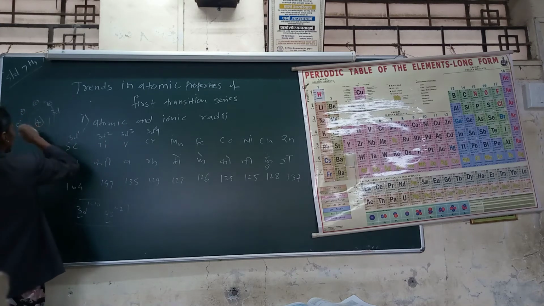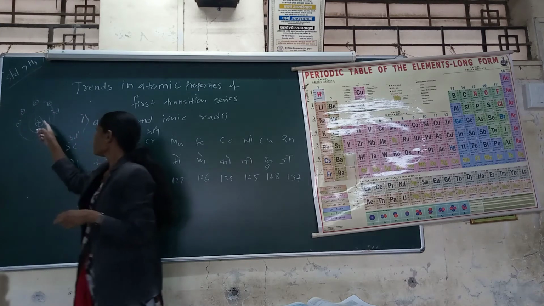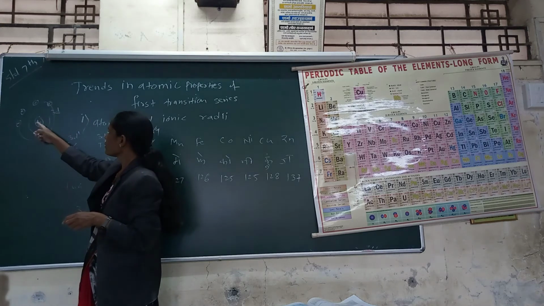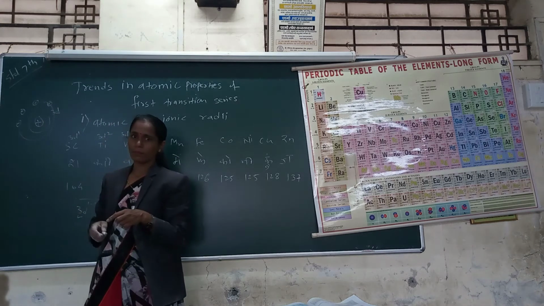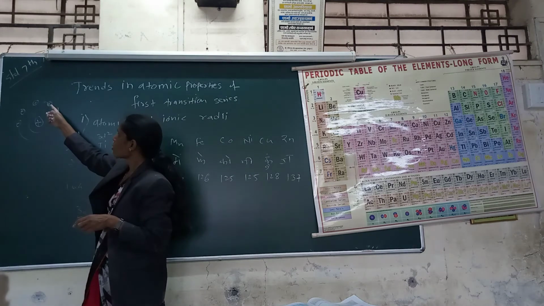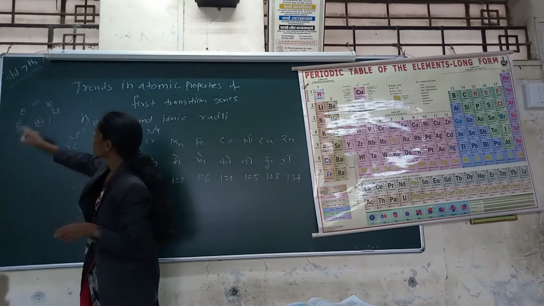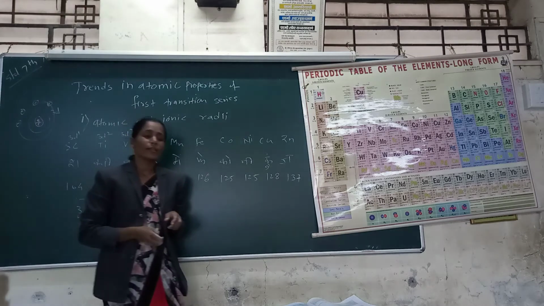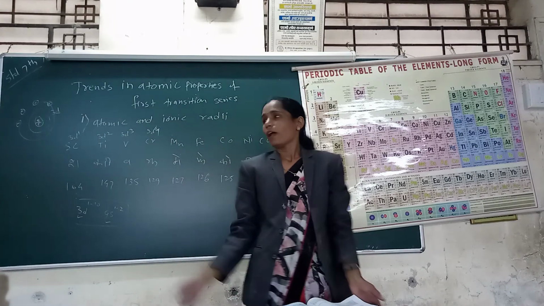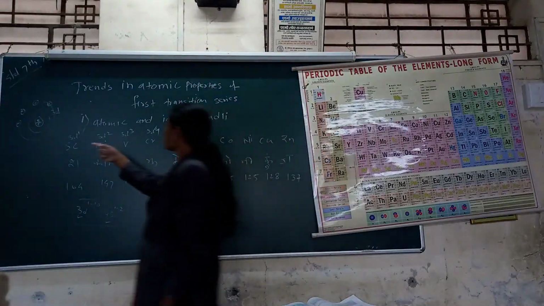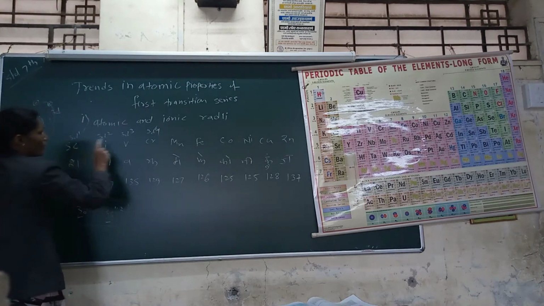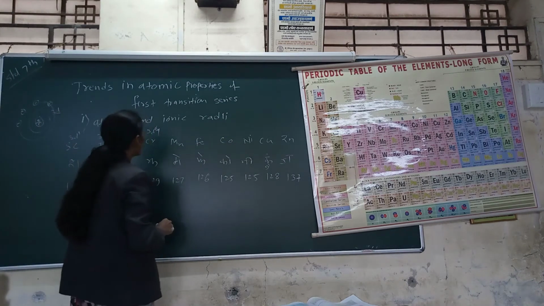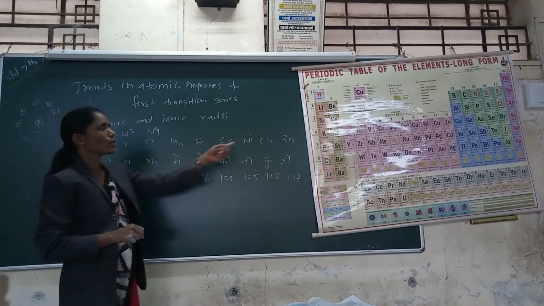Every time an electron enters, the nuclear charge increases by +1. Across scandium to zinc, the charge of the nucleus increases.